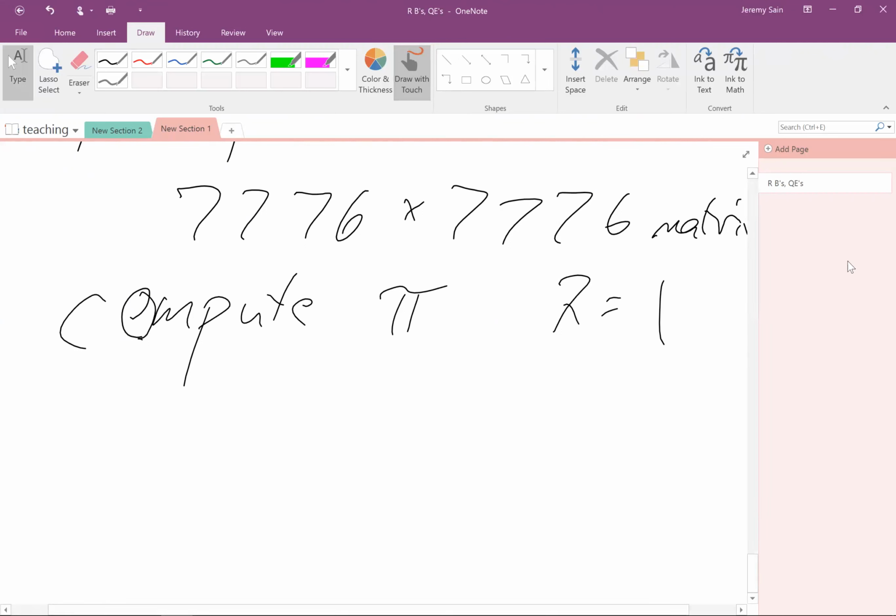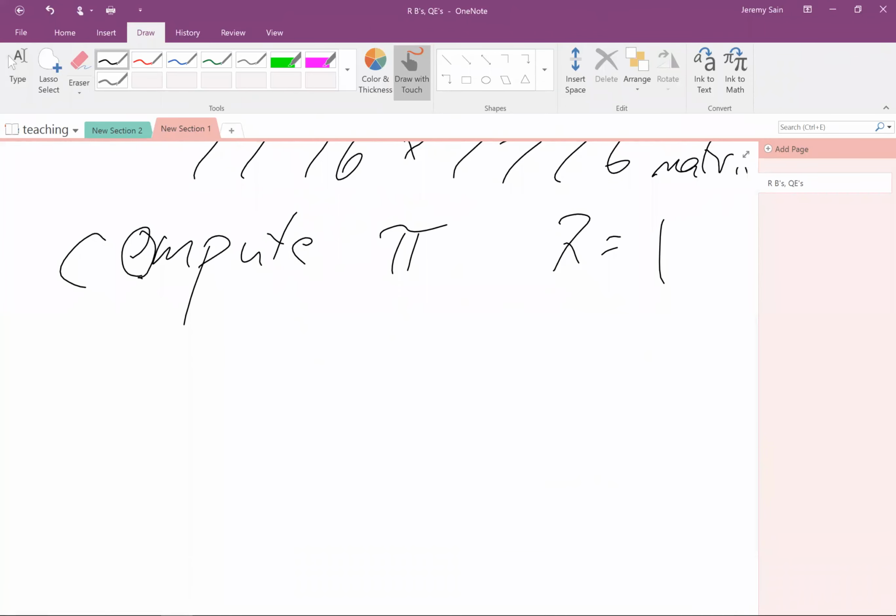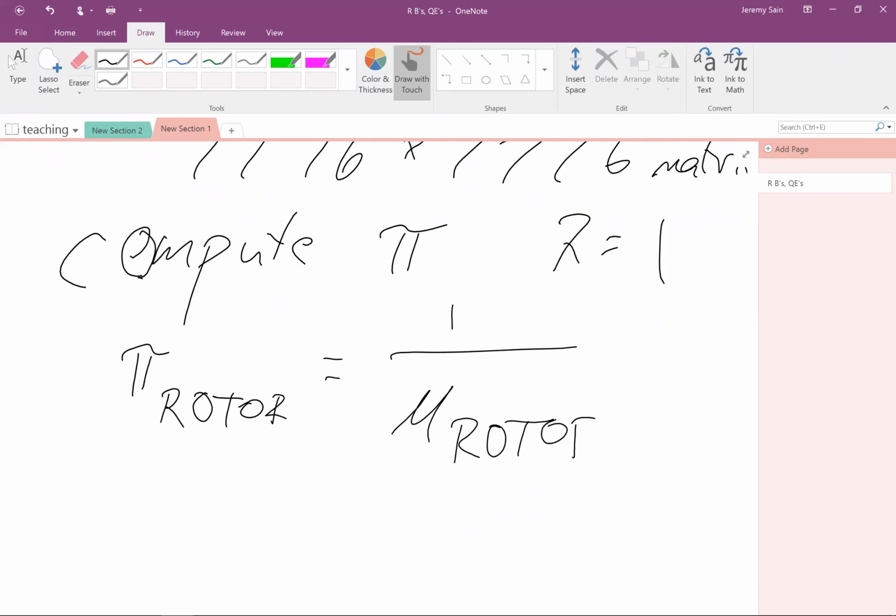But I'm going to say probably this, because I sure don't know how to do the large power thing. Once you do that, you take the component of this vector that corresponds to the word rotor, and this will be 1 over the mean recurrence time to the word rotor.